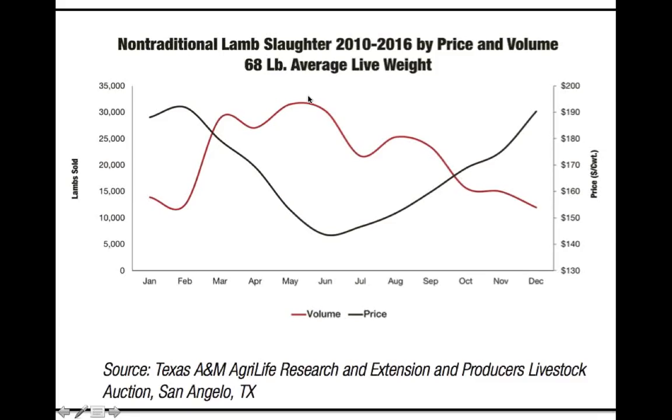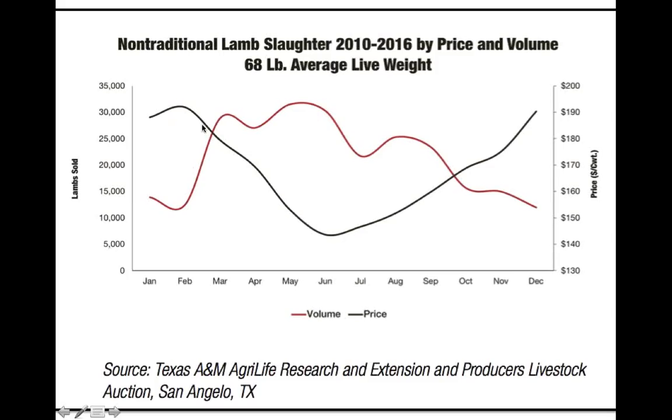If you'll look over at January and February, on a month-to-month basis, it's less than 15,000 animals per month. And then in March, there's a rapid jump to 30,000. And it holds at that 30,000 level through June or July. So in Texas, a lot of lambs are born in the early winter, midwinter, and then throughout the spring, those lambs all start coming to the market in the spring and early summer.